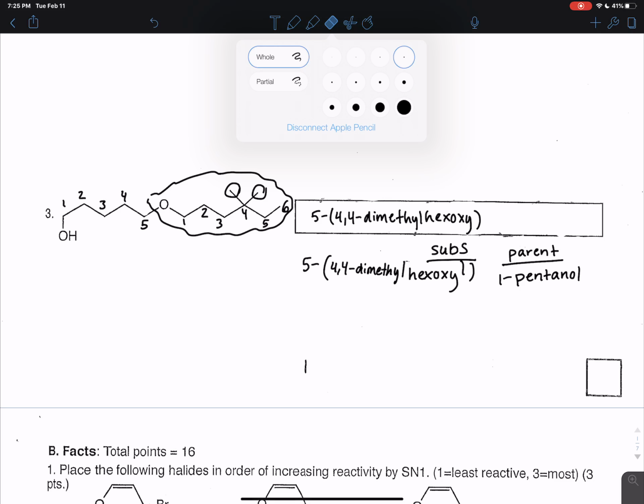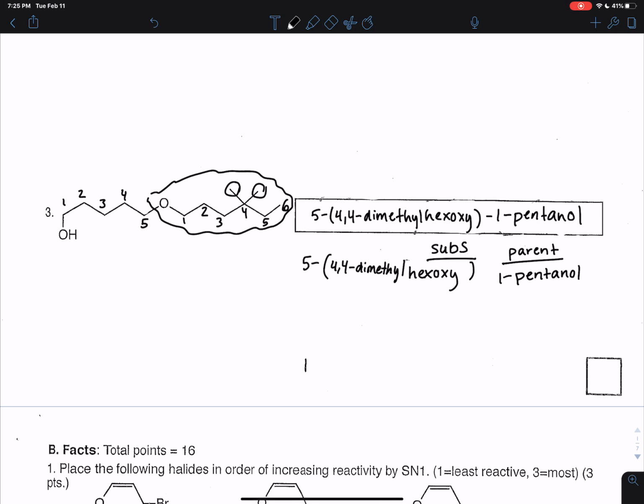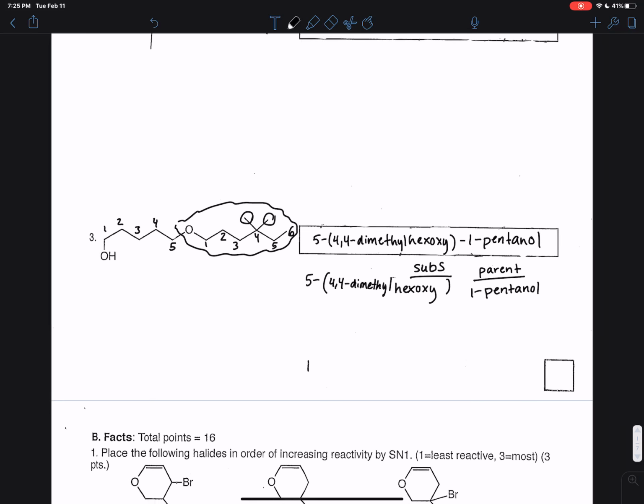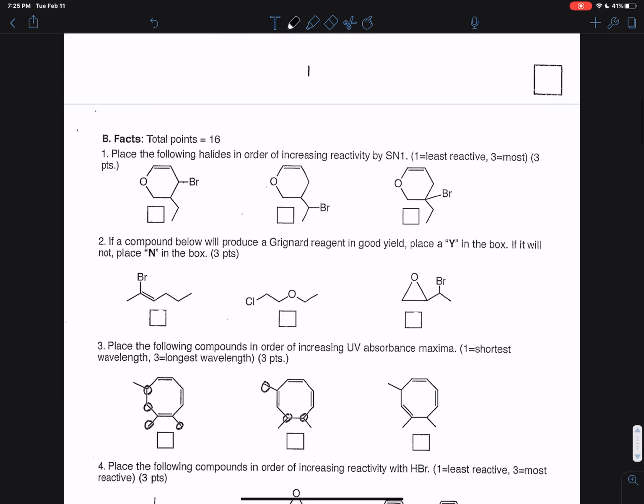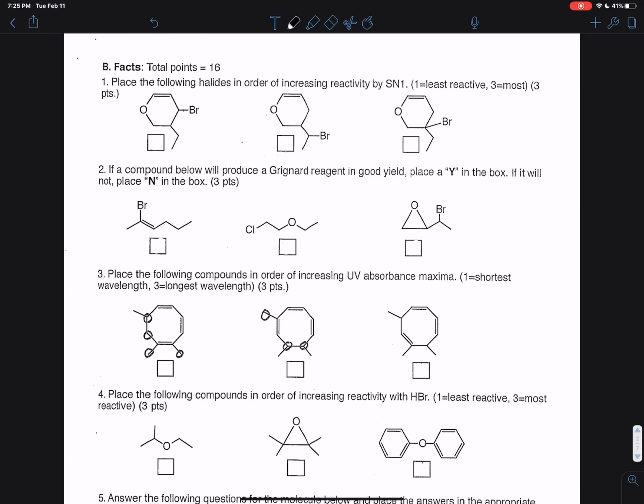I hope this isn't gonna erase everything. Okay, and then that would be our final answer for that. Any questions about nomenclature? Awesome. Okay, let's move forward to the facts.